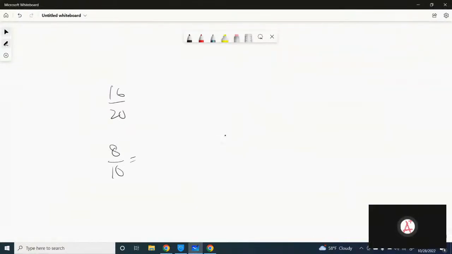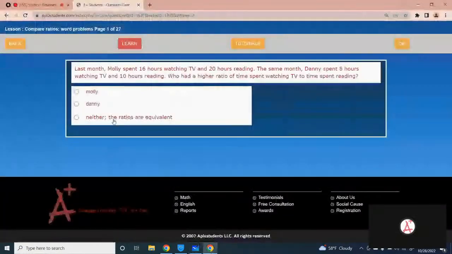Okay, let's see what the values are when you divide them. 16 over 20 is 0.8, and 8 over 10 is 0.8. So that means both of them are equal. Got it? Neither, their ratios are equivalent. Got it?